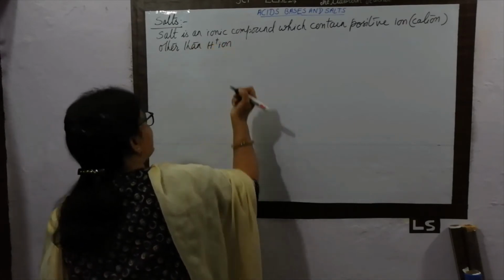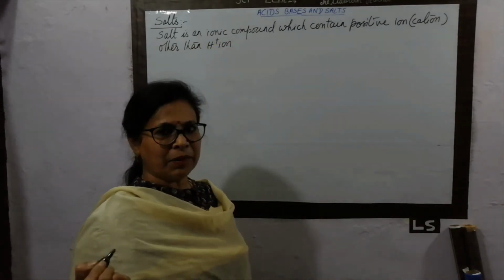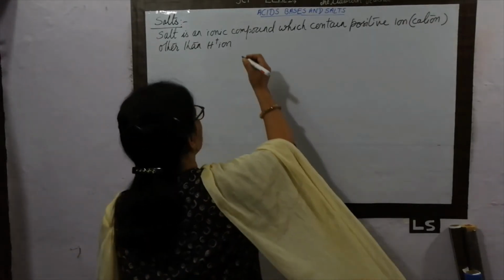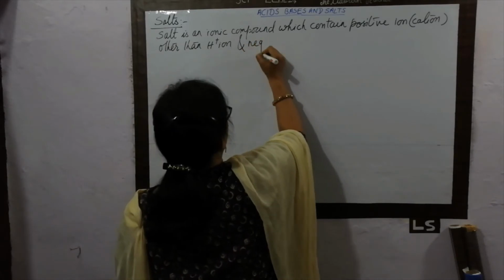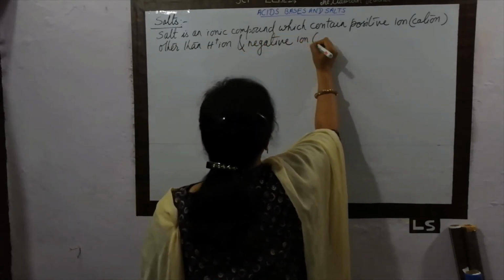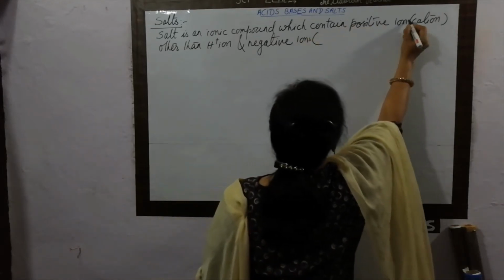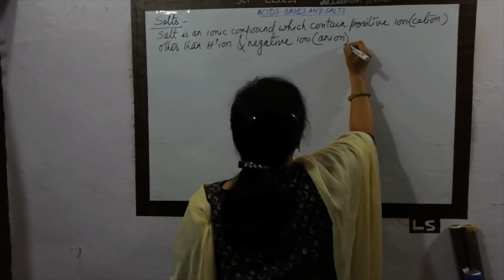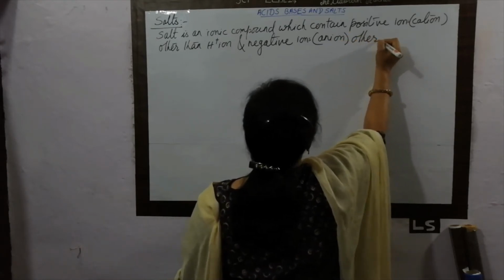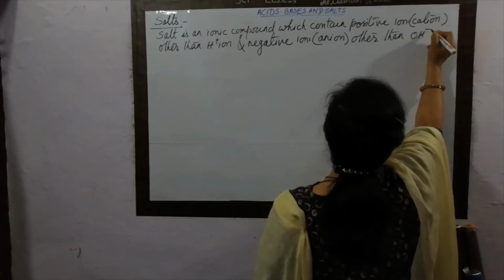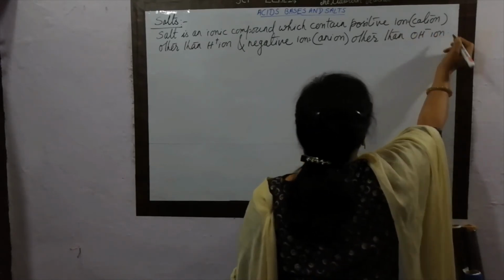If the H+ ion is there, it means it is an acid. And the negative ion, or we call them the ions, the negative ion is called the anion. But again the condition is there, other than the OH- ion.